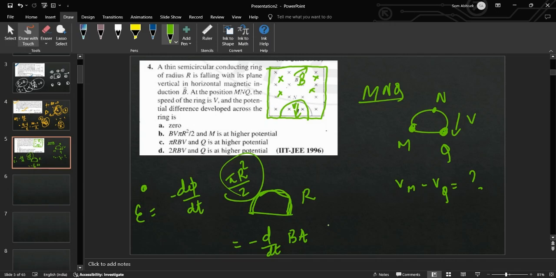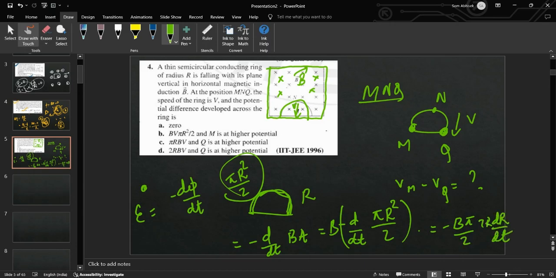So minus d by dt, B is constant, so it comes out, minus B d by dt of area. Area is pi r square by 2. So minus B pi by 2 into 2r dr by dt. That's the EMF.